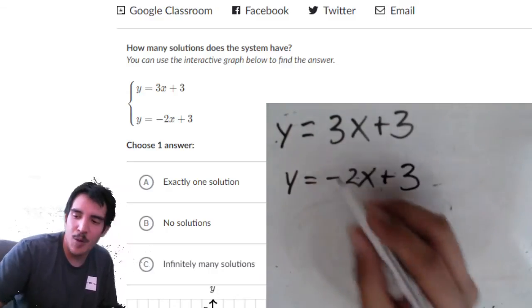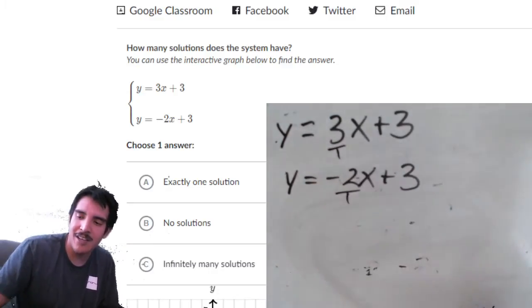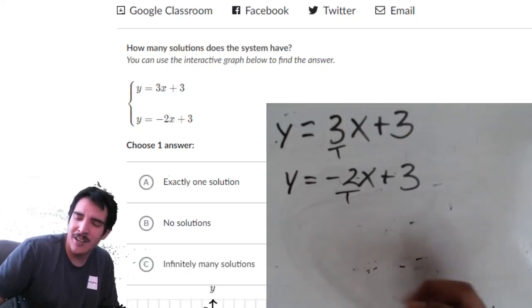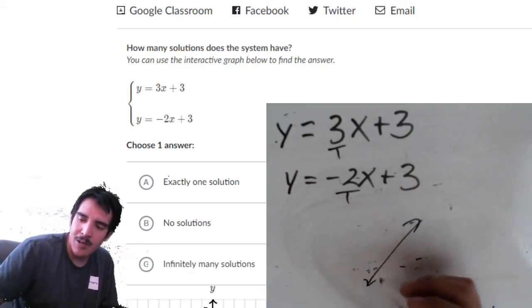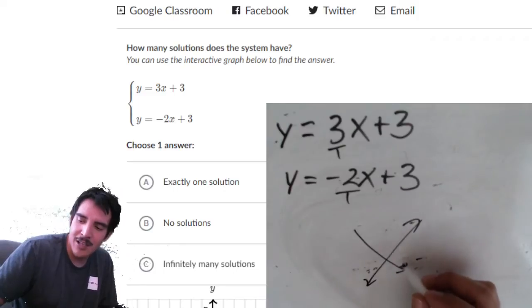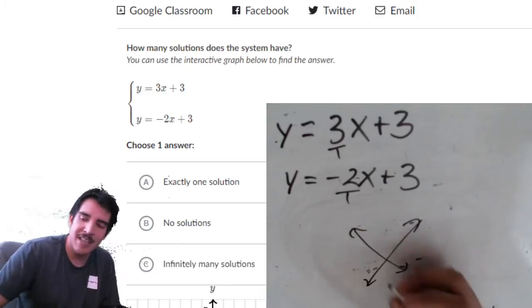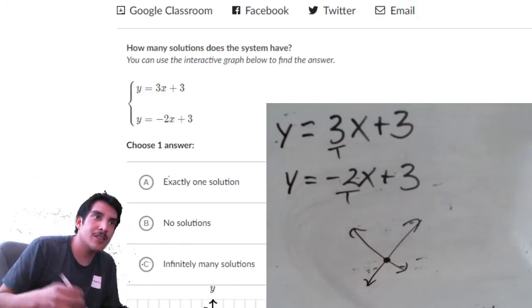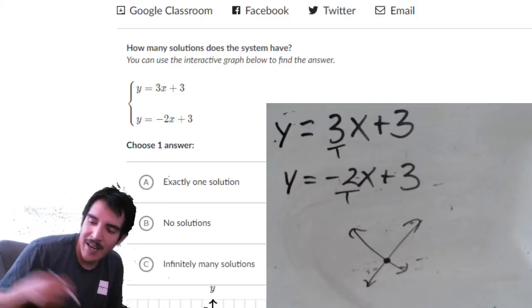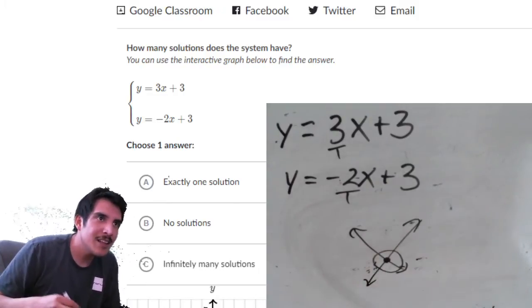This line has a slope of 3 over 1, and this line has a slope of negative 2 over 1, which means one line is going uphill and one line is going downhill, so those two lines are going to cross. And how many times did they cross right here? These two lines intersected one time.